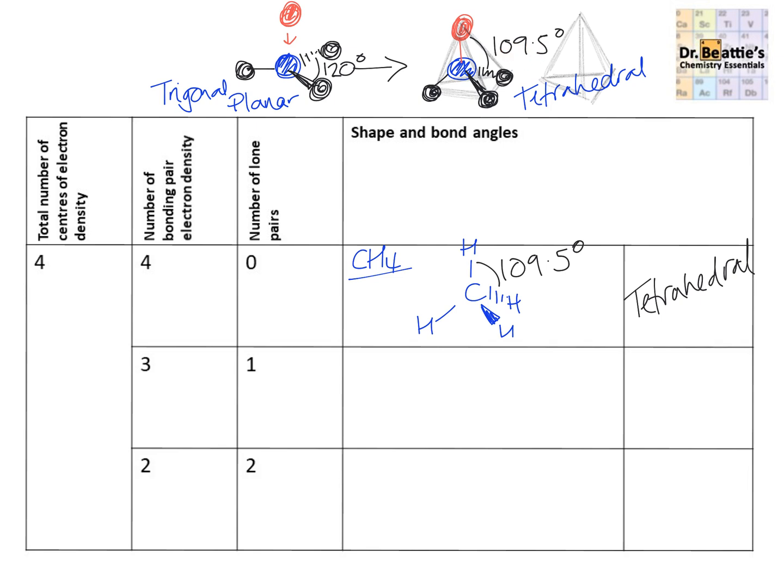Now, if we were to take these 4 areas of electron density, but swap one of them out to instead be a lone pair, then there is a change in the bond angle. So we're going to have to pause for a moment and think of the effect that lone pairs have on the bond angles.